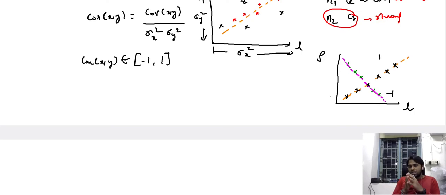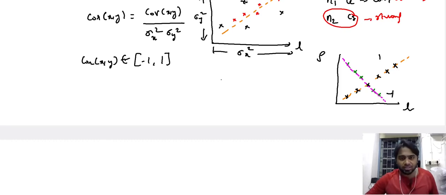When all the points lie on this line, it means there is a strong relation, and this strong relation means the value of the correlation is equal to 1. And again, when you have a line of negative slope representing the relation between the two variables, and all these points lie on that line, then the corresponding correlation will be -1.